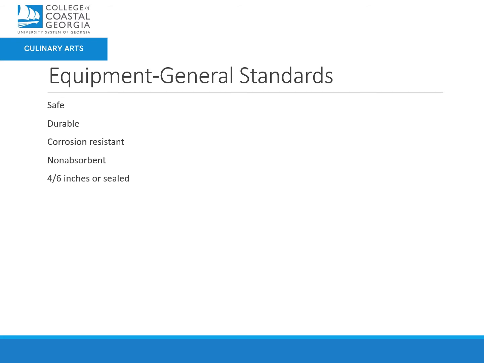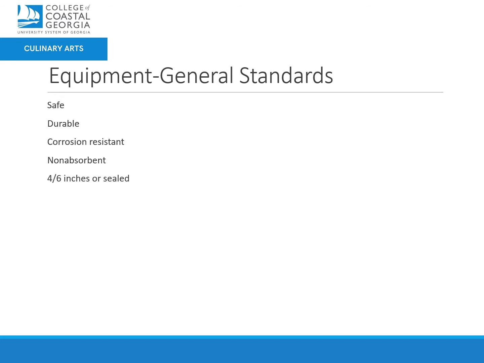So kitchen equipment is designed to be corrosion resistant. All the surfaces have to be non-absorbent. So again, nowhere that can soak in moisture and hold it. You can't have a soft, spongy gasket in there. It has to be a gasket that is not absorbent.